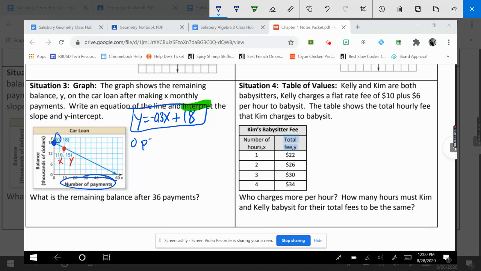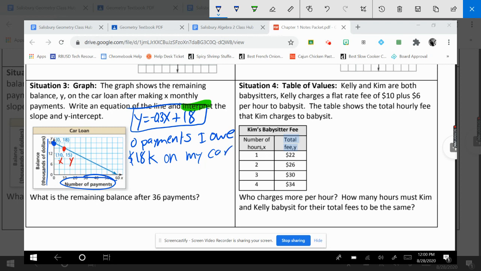So 0 payments. Y is thousands of dollars. Oh boy. So after 0 payments, or with no payments, I owe $18,000 on my car. It's actually not that bad.